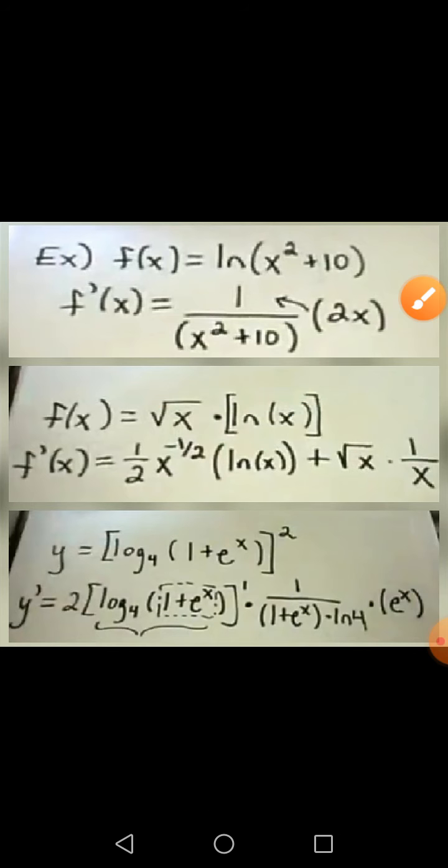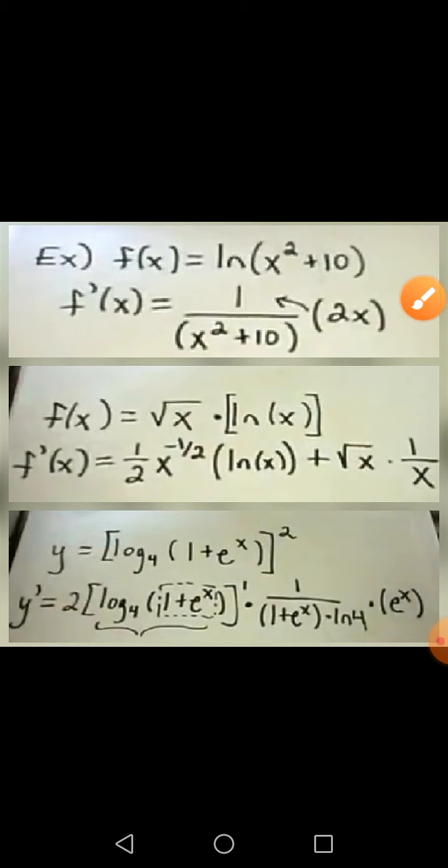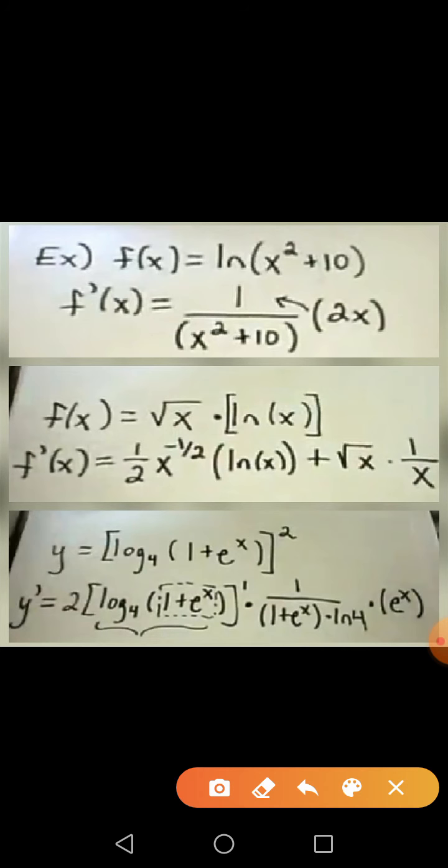Here, okay, a composite function, right? From 3 parts, by the way. Here the outer, look with me, then the inner, then the inner. So let's start to solve it together. I will bring down 2, then subtract 1, so it will be 2 multiplied by this bracket to the power 1.